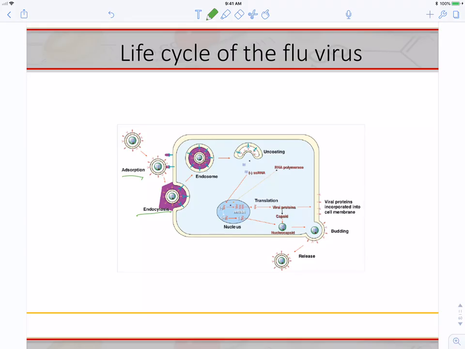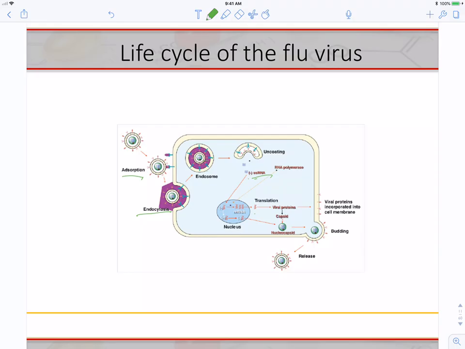In other words, we have what we call uncoating of the virus. Once the virus is uncoated, it takes out single-stranded RNA with negative sign, which is then translated to positive sign single-stranded RNA, which is basically mRNA, which is then taken to the cytoplasm and translated into viral proteins.